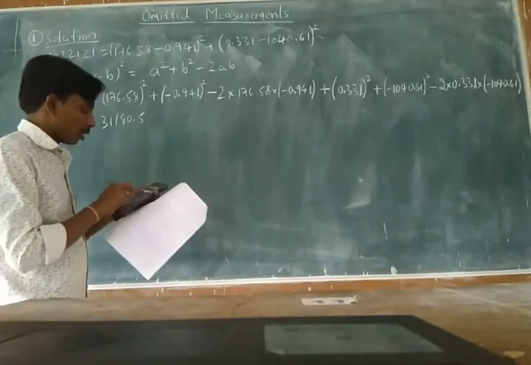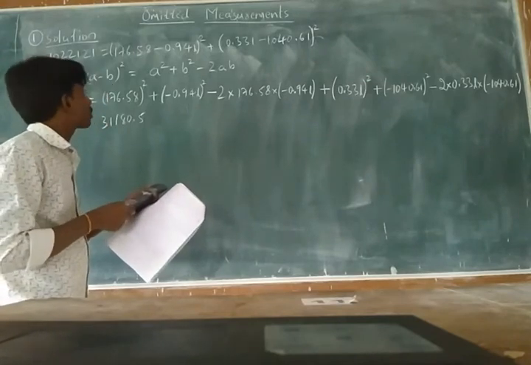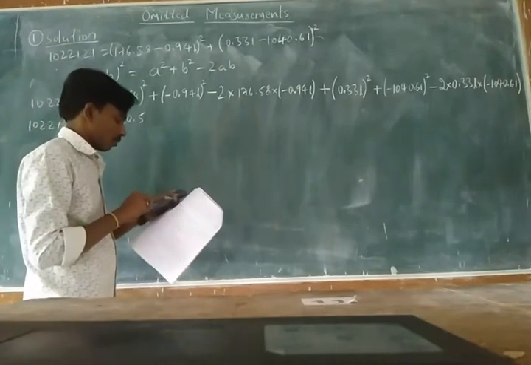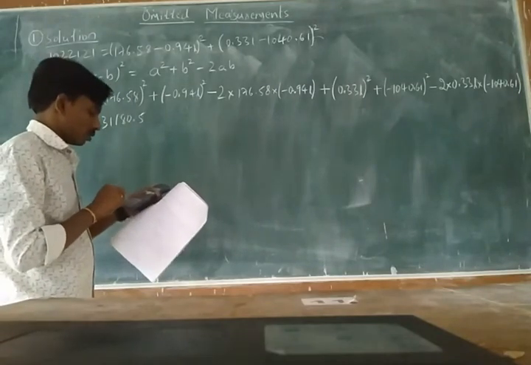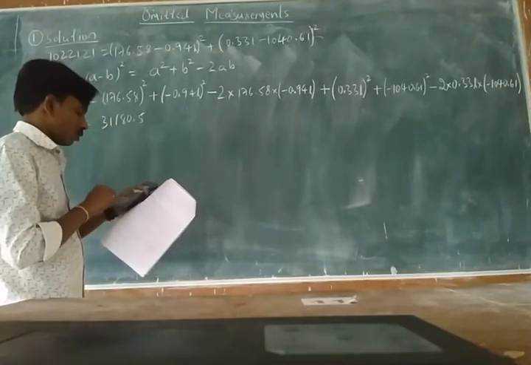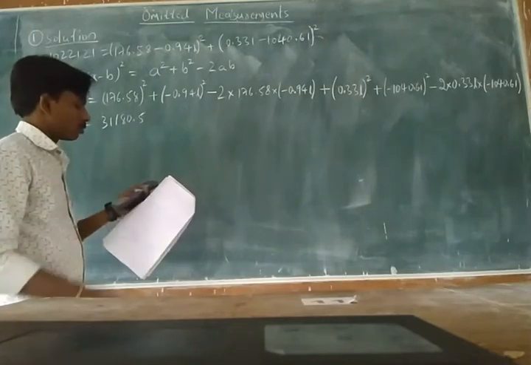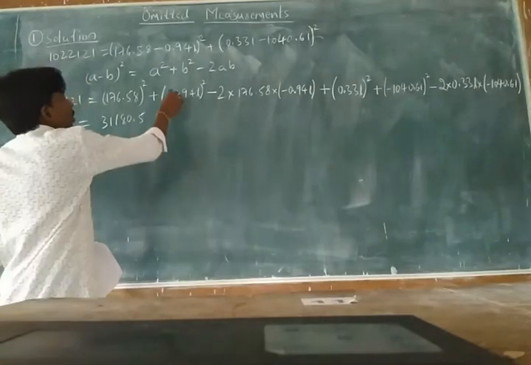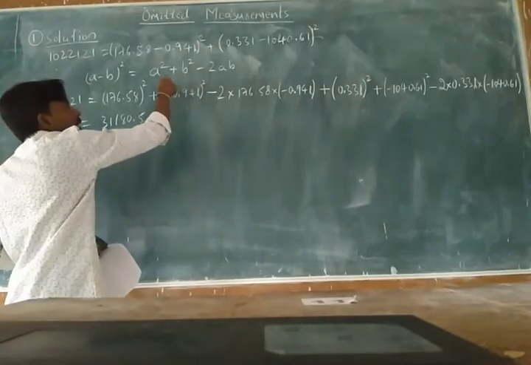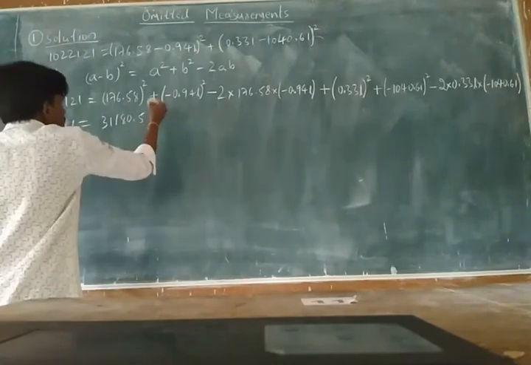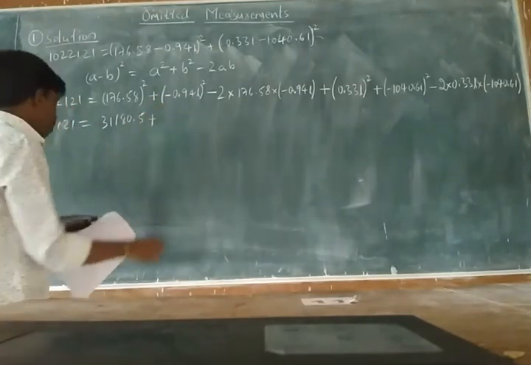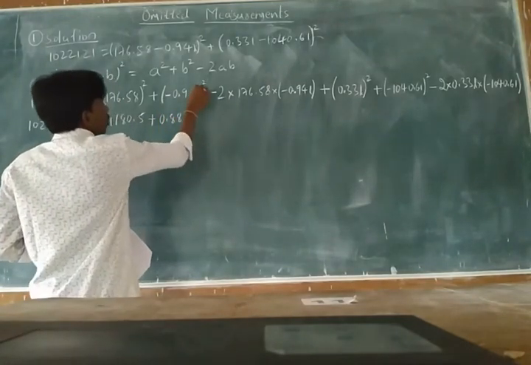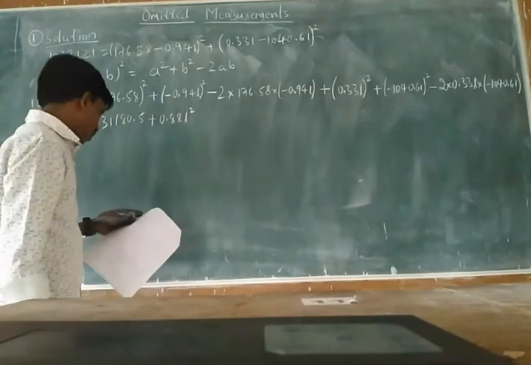So minus 0.94 whole square, that will become 0.8836, that means 0.88. As we are squaring, the number will become positive, so positive into positive will become positive again, so plus 0.88 L square, because we have left the L, so L square.